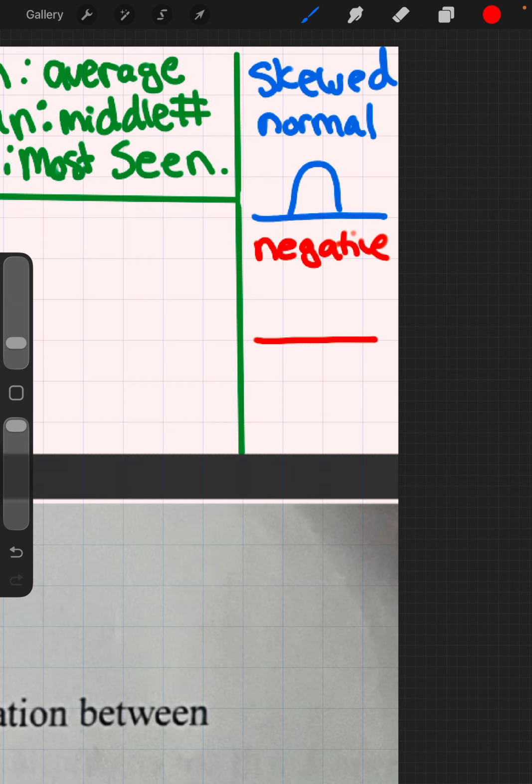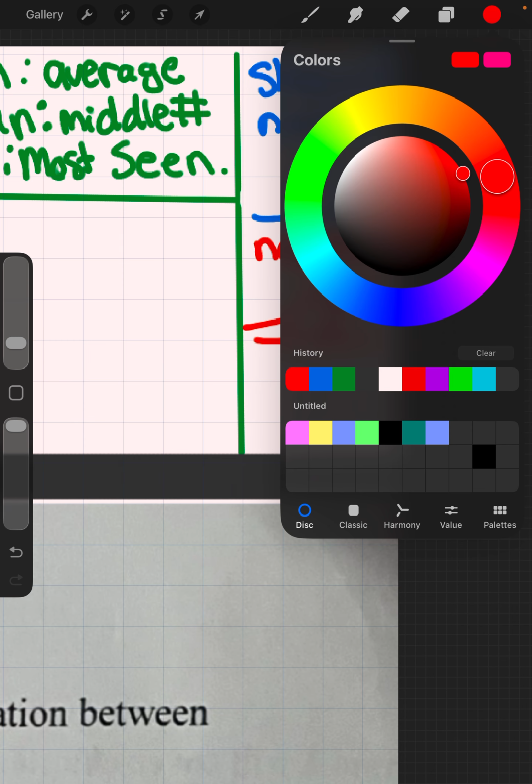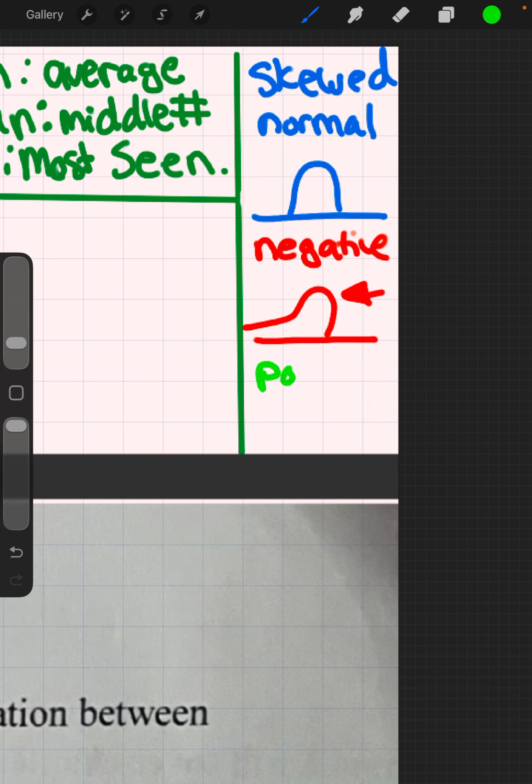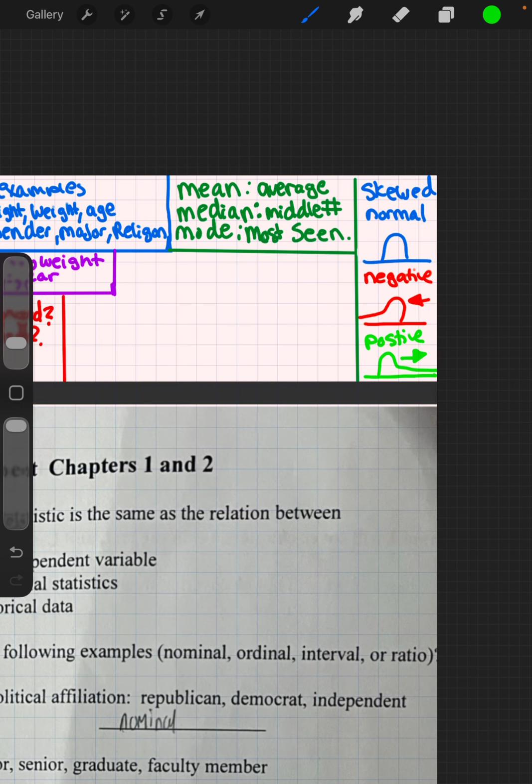Negative is to the left. Then we have positive, to the right.